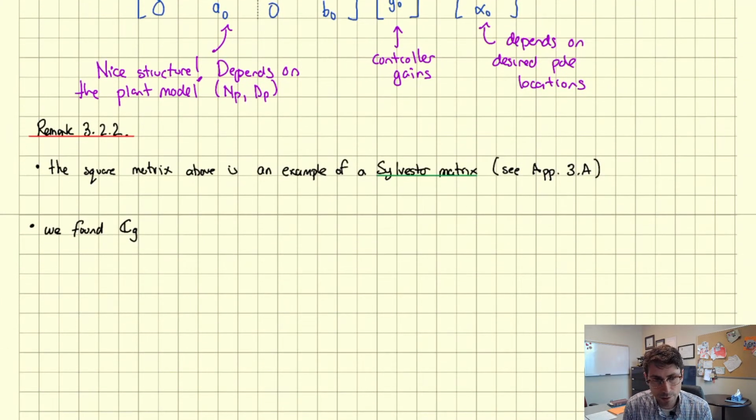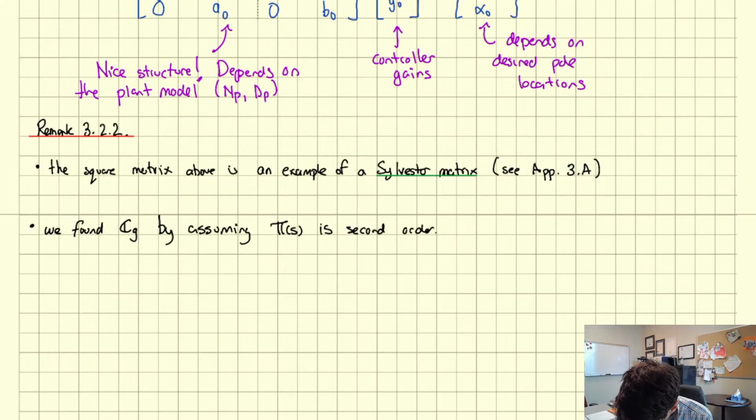So we found the good region by assuming pi of s, the characteristic polynomial, is second order. The real pi of s is usually much higher order.